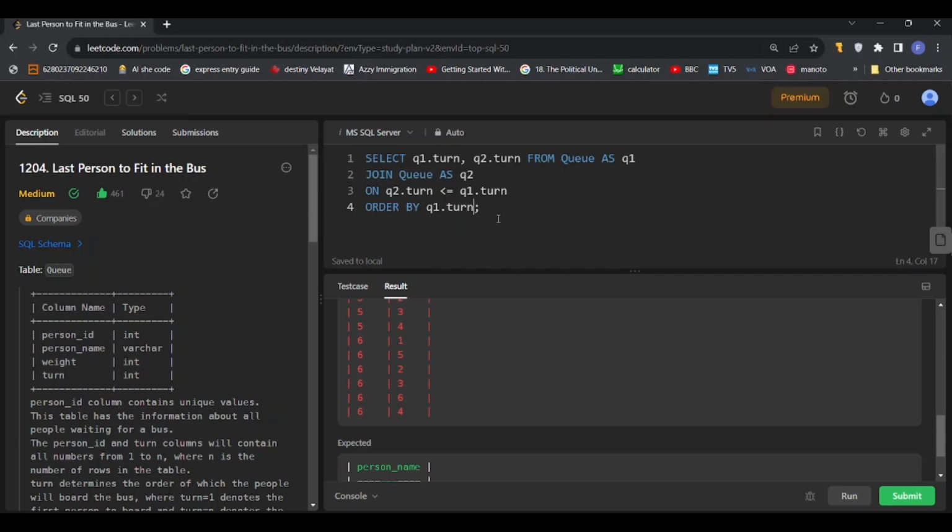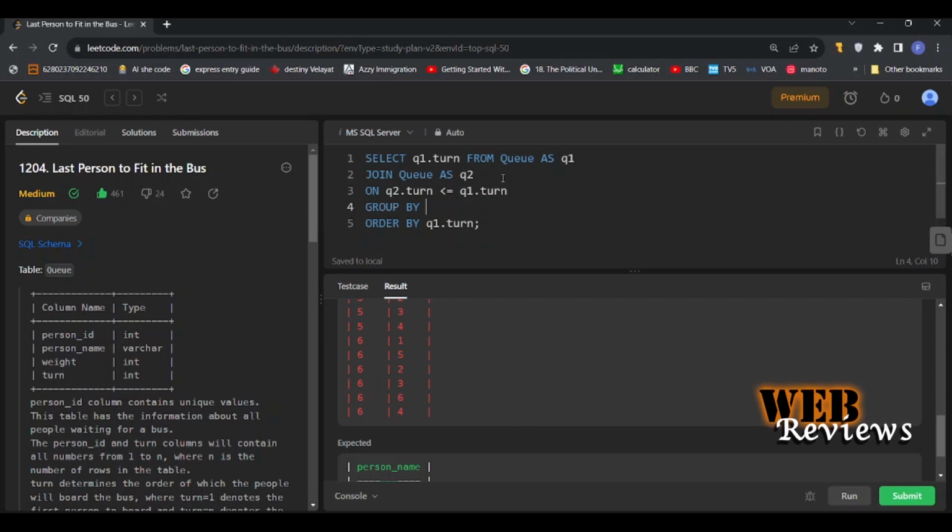So far we made our groups, but we need to group these people by their turn. So we're going to see for example, for the person who has the 6th turn, what the weight of all the people is, including himself or herself. Let's do the grouping here.